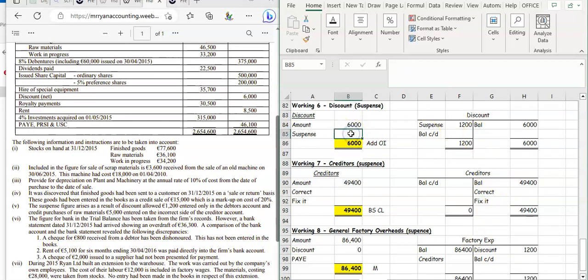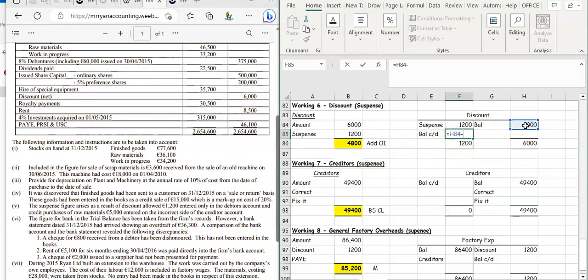So for discount, we're just going to take away our discount. We've got 6,000 as discount received. We should have taken away an extra 1,200 for this discount allowed that we've given. So our discount should be 4,800, and that goes to your operating income.